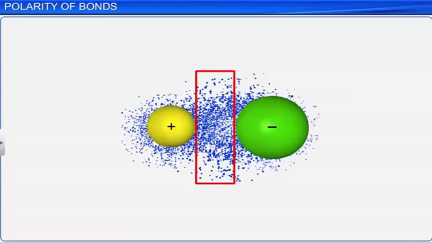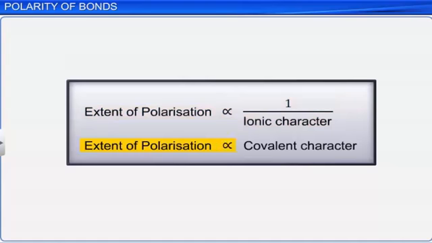If the extent of polarization is small, then the bond is more ionic in nature. If the extent of polarization is more, then the bond is more covalent in nature.